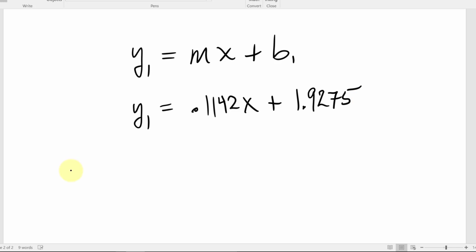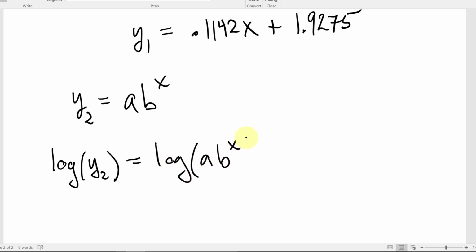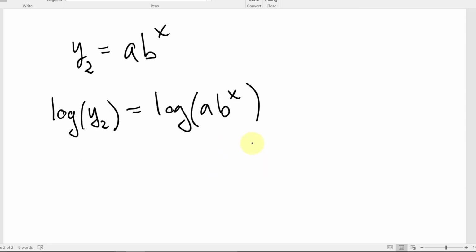Now if we're going to find an exponential model based on this line, what we could do is say our exponential model, we'll call that y2, and say it has this form. Then I'll say, if you took the log base 10 of both sides, it would still be equal, because log is a one-to-one function. Then we can use properties of the log function on the right-hand side to rewrite this.